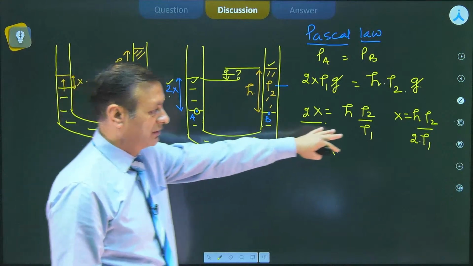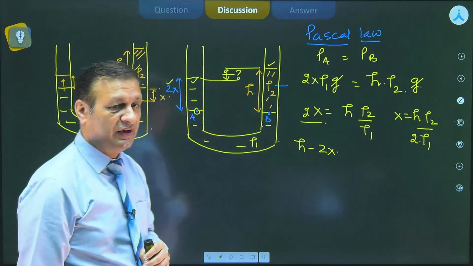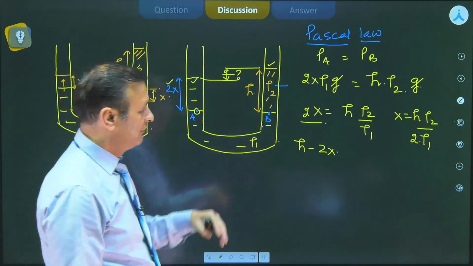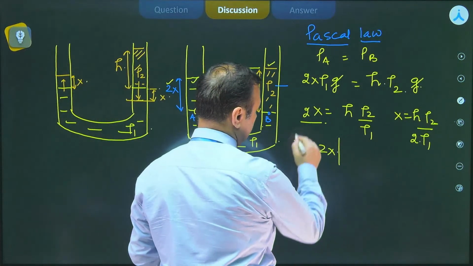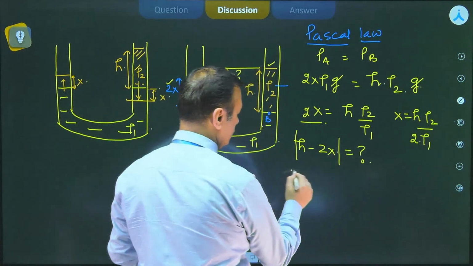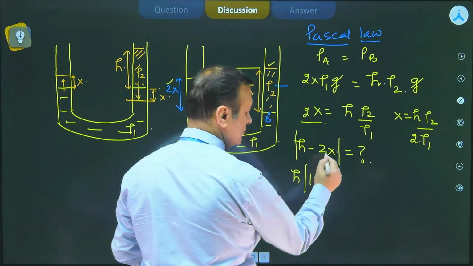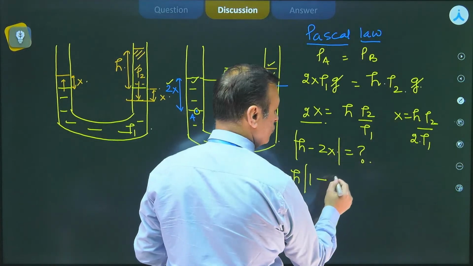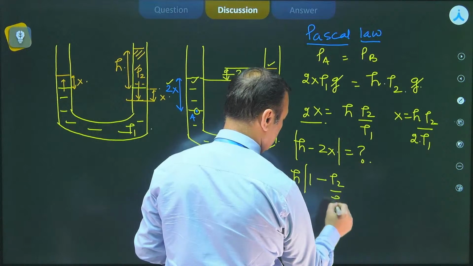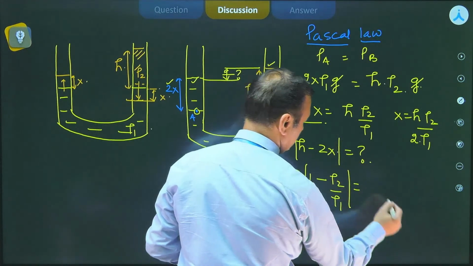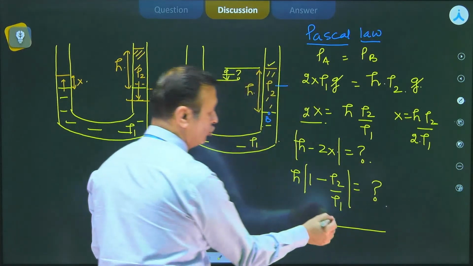This is one part. Second part, if I ask you the difference in their relative free surfaces, it is h minus 2x. If you take h as common, this is the value I am looking for.